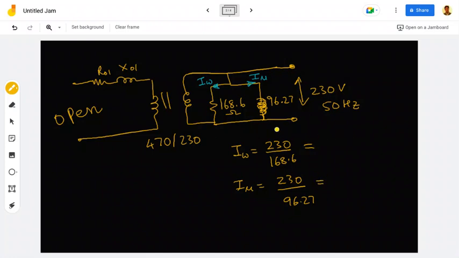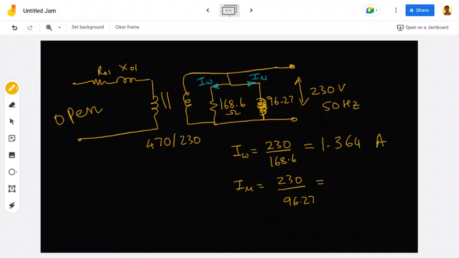230 by 168.6. Since it is a simple calculation, let me not change the window. I'll just do it on my phone. I'm getting 1.364 amperes.